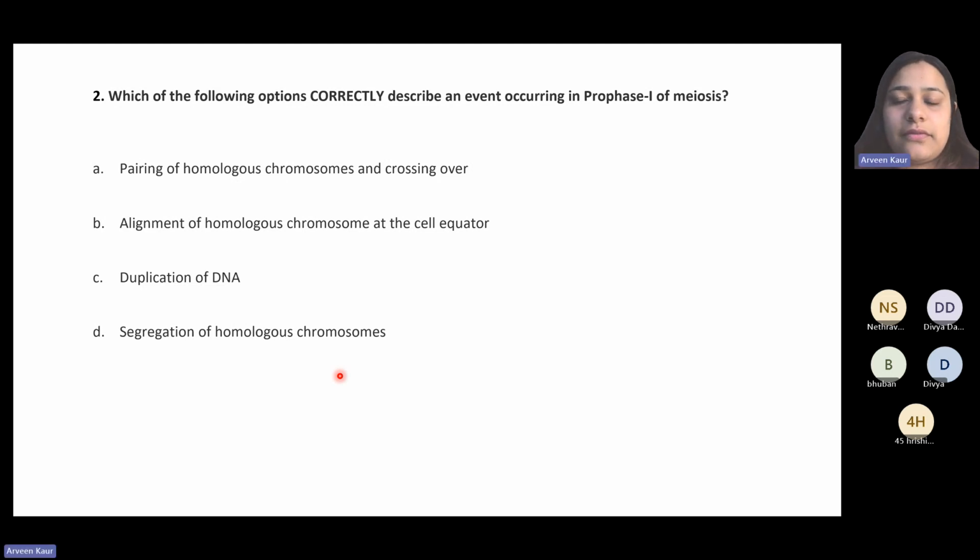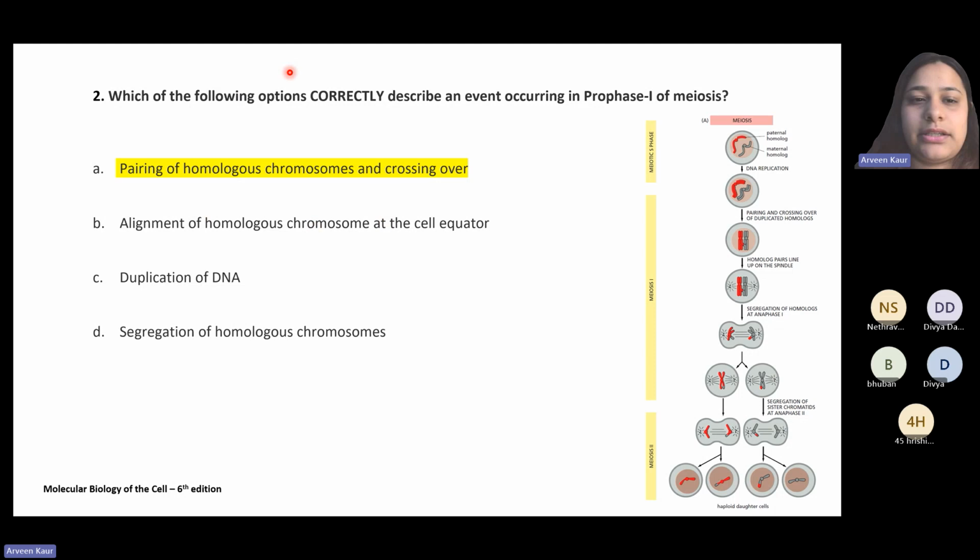So for people who have gone through this week's lectures, you will be very well versed with this, right? So prophase 1 is a relatively long phase that occurs in meiosis. And the correct answer for this one is pairing of homologous chromosomes and crossing over, right? This is actually one of the key features that distinguishes meiosis from mitosis.